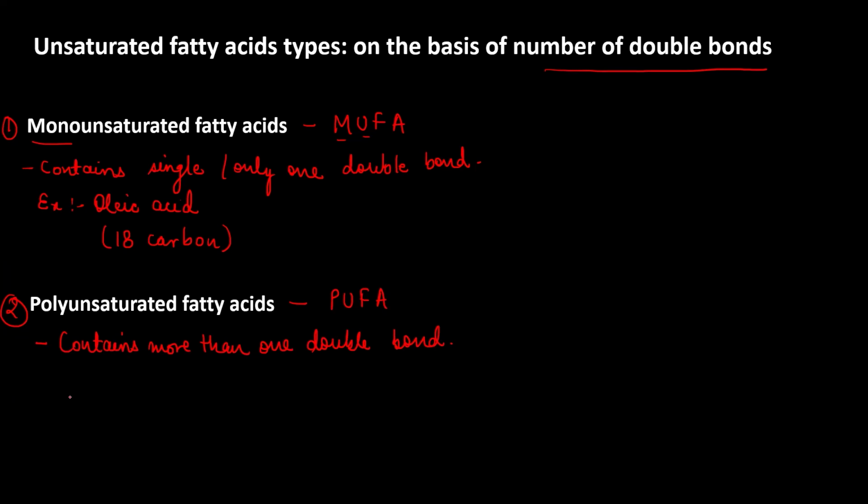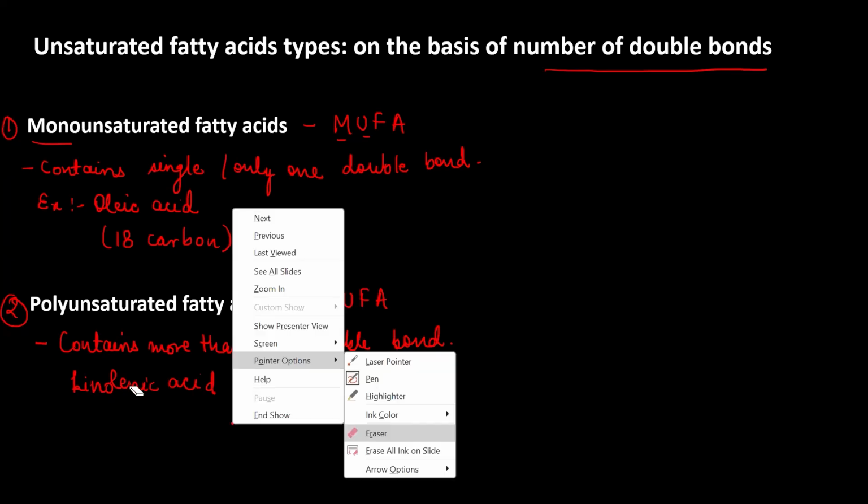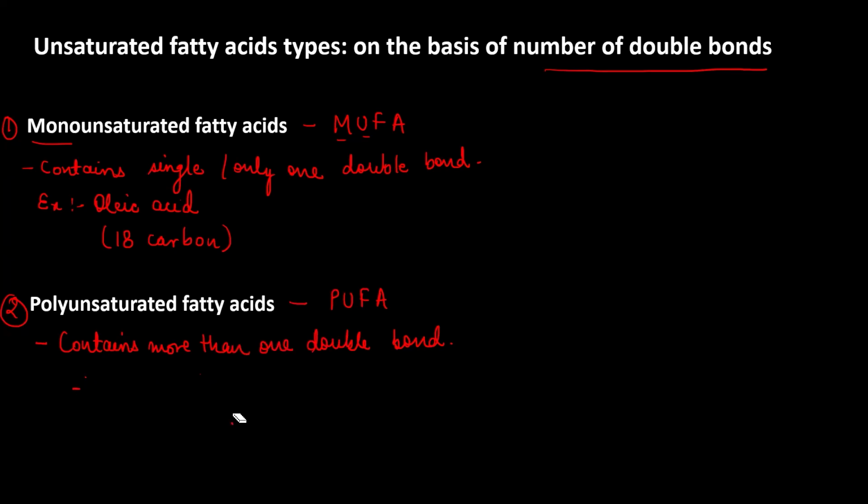And the three examples that are important are linoleic acid, linolenic acid, and arachidonic acid. Just a second, I'll write in the order so that it will be easy to remember.